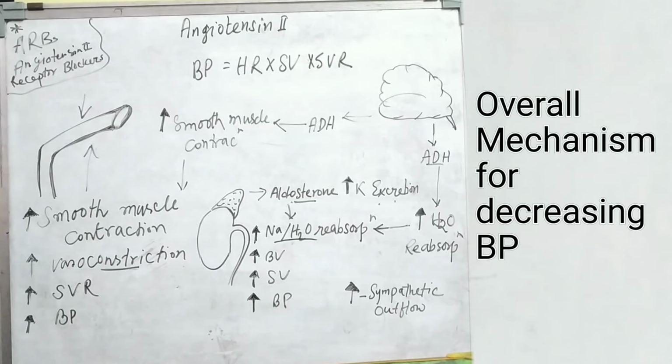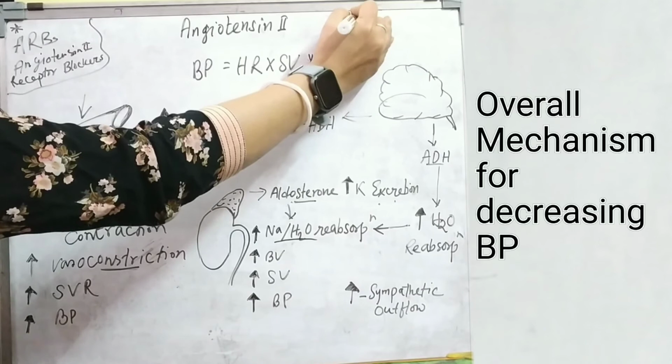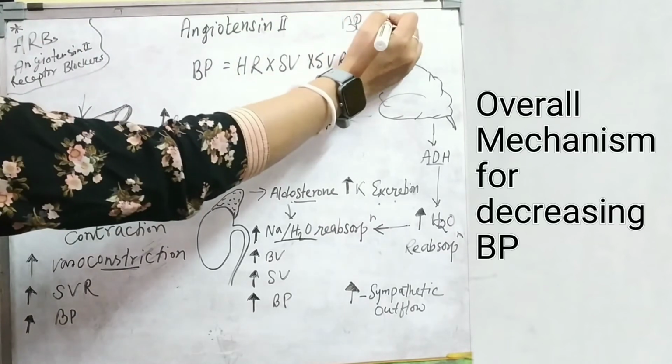First of all, here is a quick reminder of the blood pressure equation. We know that BP equals cardiac output times systemic vascular resistance.